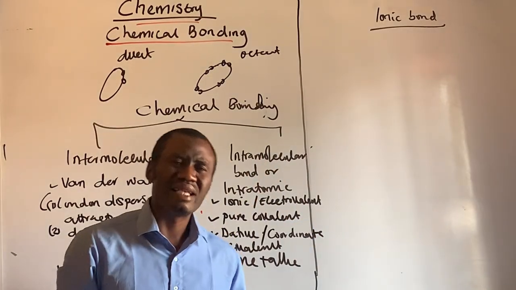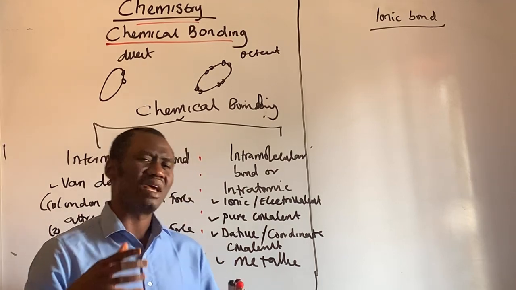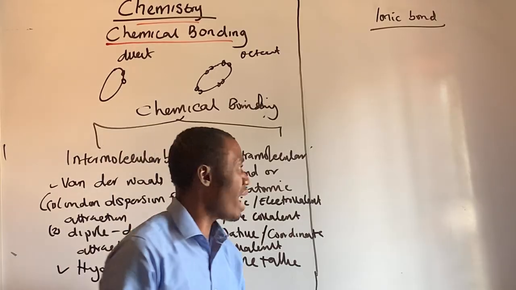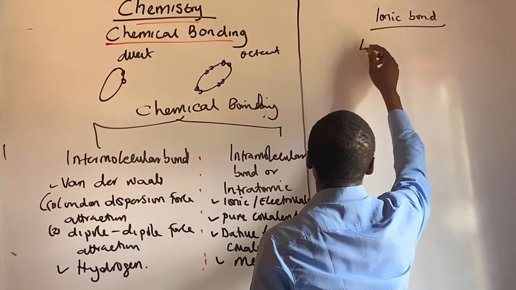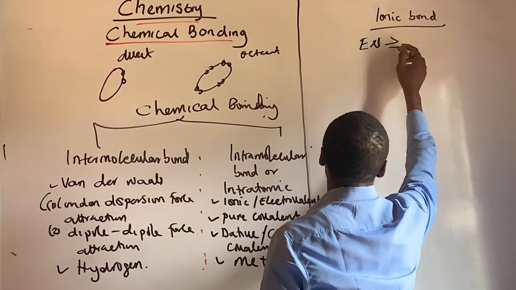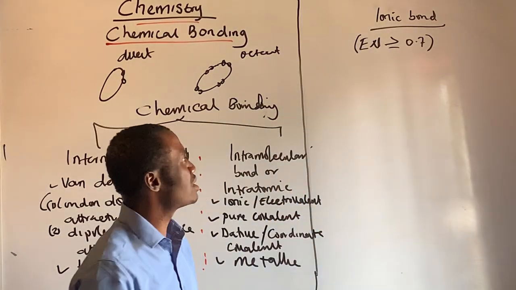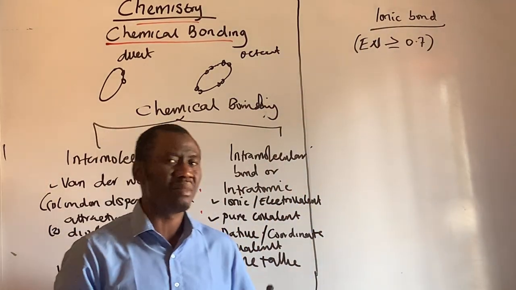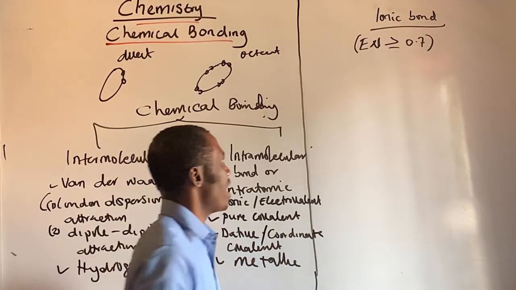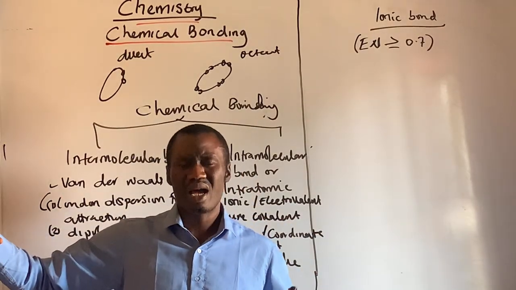Ionic bond exists between atoms of elements that have a large electronegativity difference, about greater than or equal to 0.7. These atoms of elements are basically metals and non-metals.